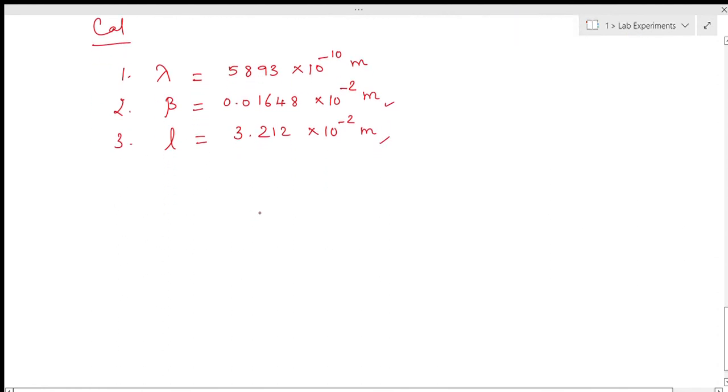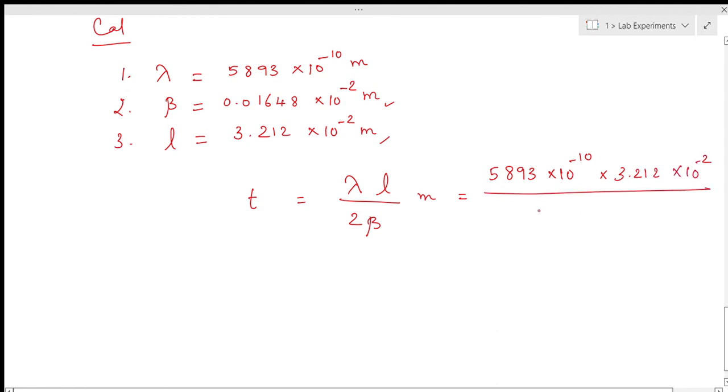So now write the formula. T is equal to lambda L by 2 beta. Substitute the values. Lambda is 5893 into 10 power minus 10. L value is 3.212 into 10 power minus 2, divided by 2 into beta, 0.01648 into 10 power minus 2.